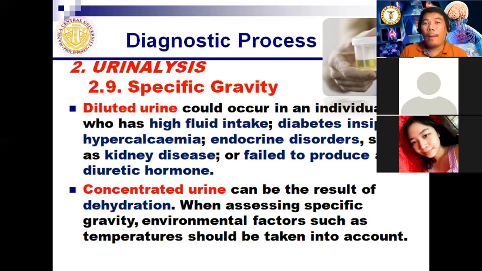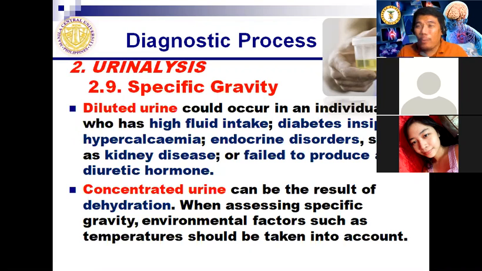Another, if the client has diabetes insipidus, the problem with diabetes mellitus is insulin. The problem with diabetes insipidus is antidiuretic hormone. The antidiuretic hormone is the one that controls the fluid.